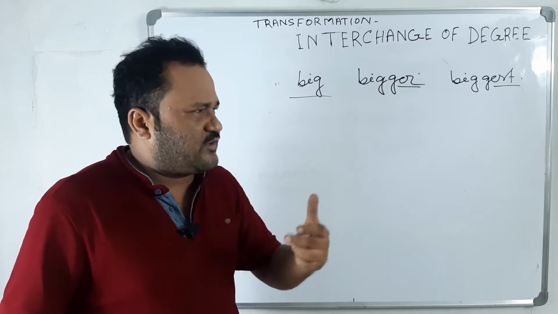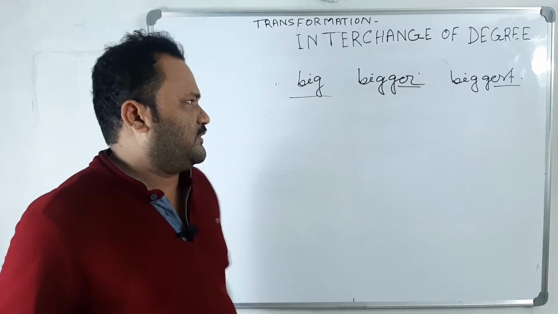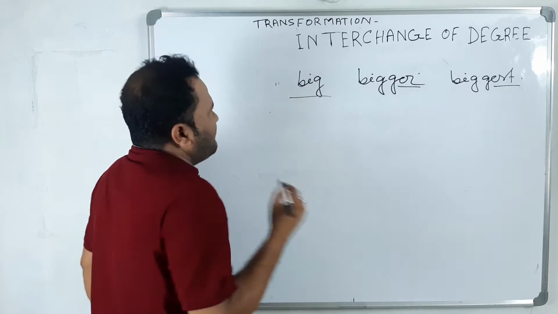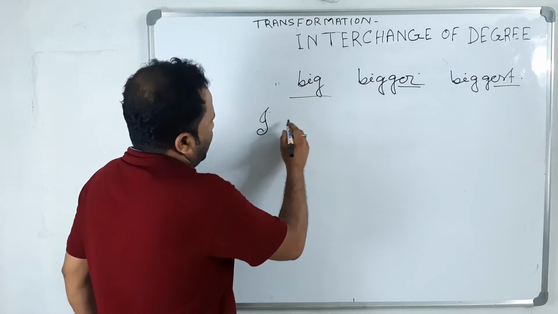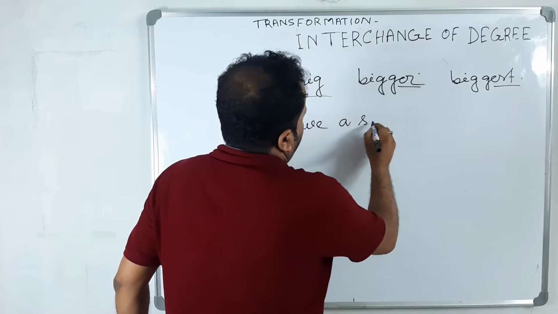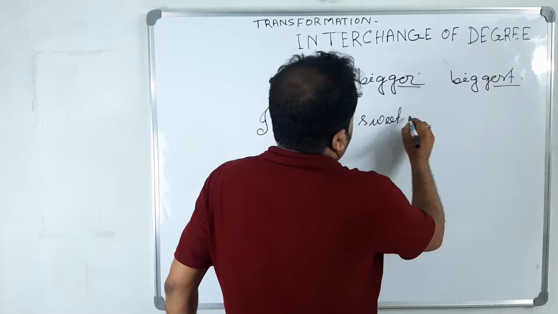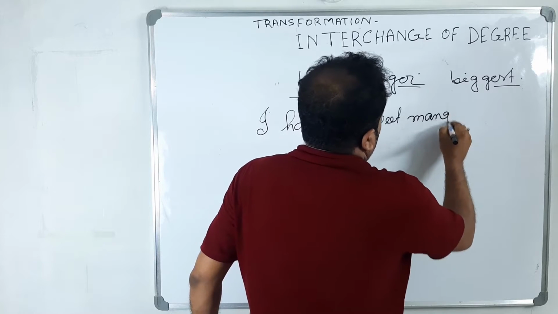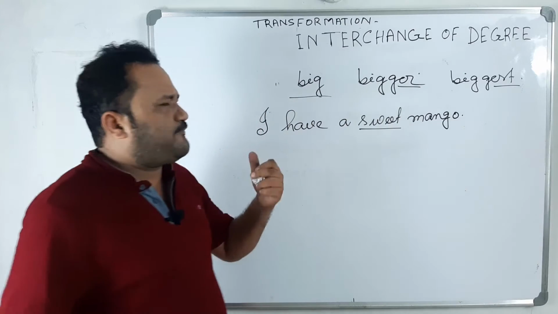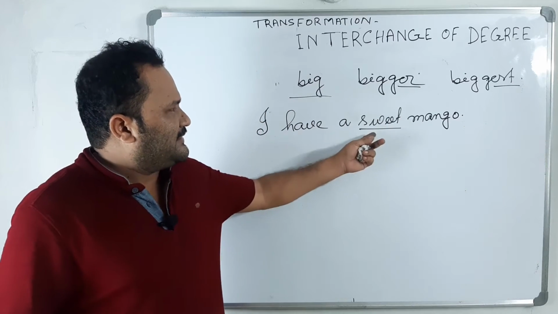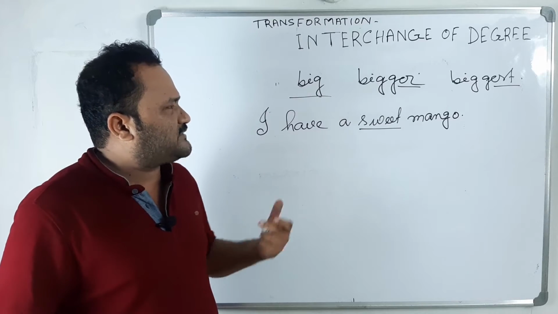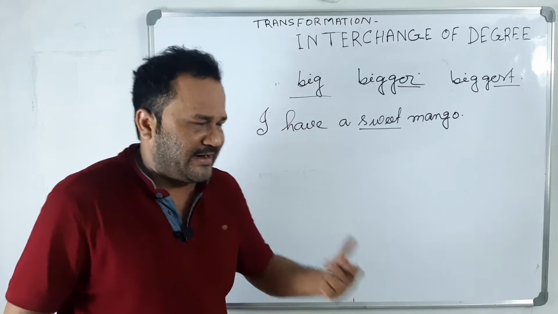When comparison happens between two people, that is, if I say I have a sweet mango, this is actually in positive degree, the quality of sweetness, that is, my mango possesses a quality of sweetness.